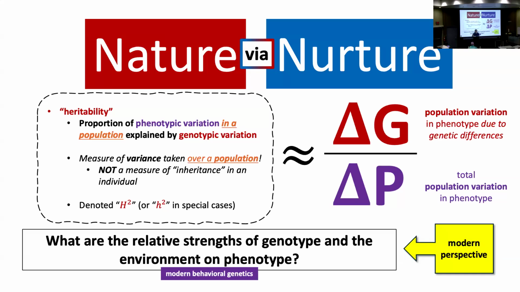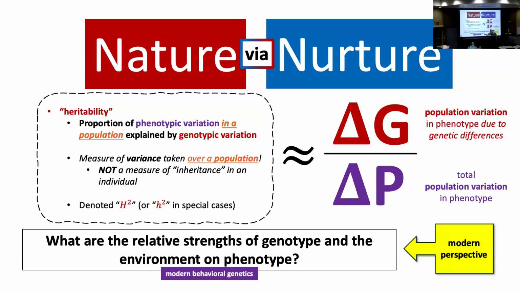But generally speaking, heritability, H squared, without differentiating big H or little h, is the proportion of phenotypic variation in a population explained by genotypic variation. And I want to emphasize, heritability is a measure that does not exist in an individual. It exists in a population. You have to say, how heritable is this trait in this population right here, not in this individual.